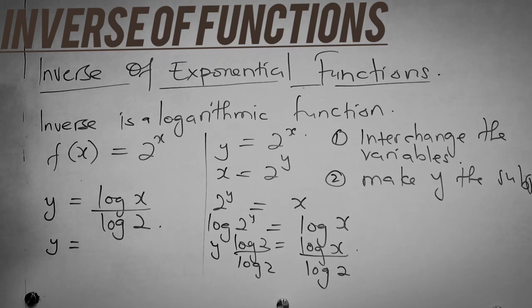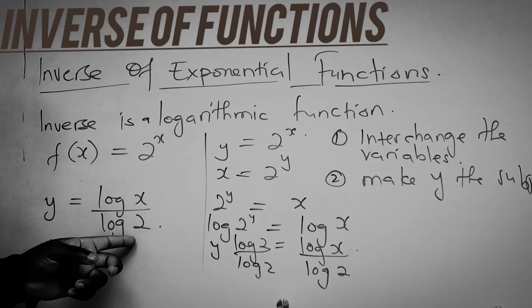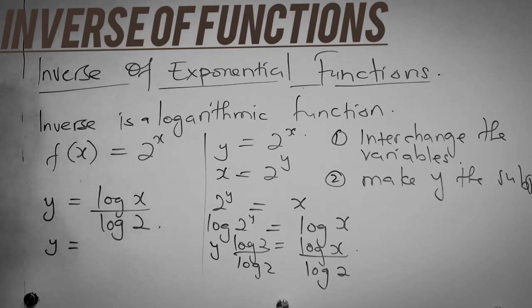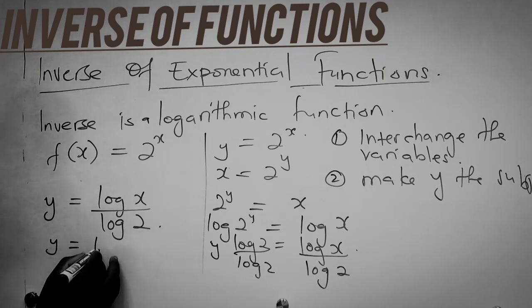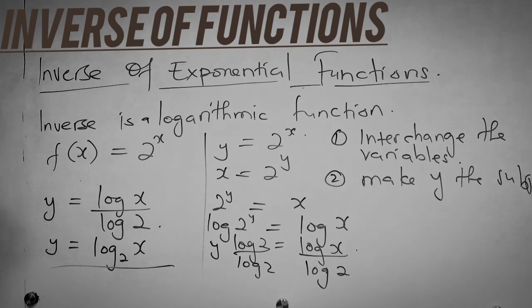Y is equal to, we apply the change of base law, which is a law of logarithms. So apply change of base law, this one becomes the base of that log. So simplify to log x base 2.